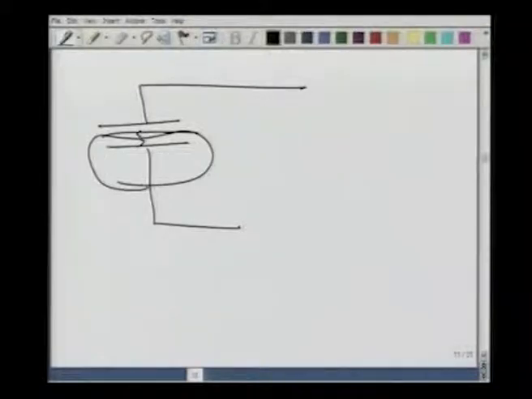Now I get into trouble, because if I try to do curl B dot dS, or the integral of B dot dl, the current enclosed through this particular surface is equal to 0. So it becomes difficult to make sense of Ampere's law, because depending on the surface that you choose for that loop, you can get contradictory answers.